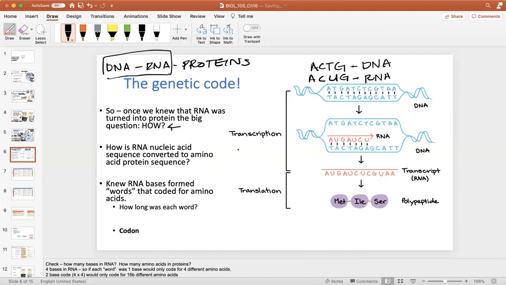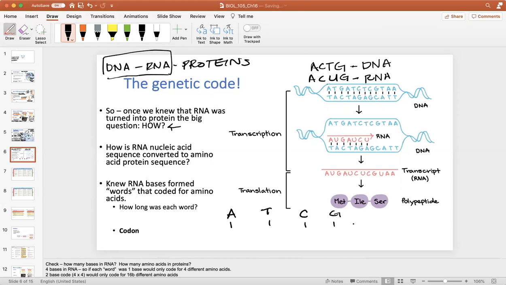So in thinking about that, our good friend Francis Crick, remember the same guy who was involved in understanding the structure of DNA, he thought about, well, what would this code look like? What if every individual base, an A or a T or a C or a G, what if each of these coded for an amino acid?